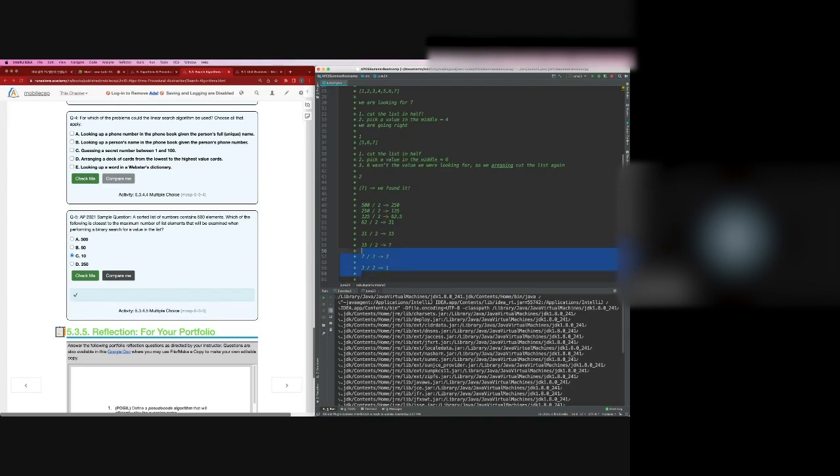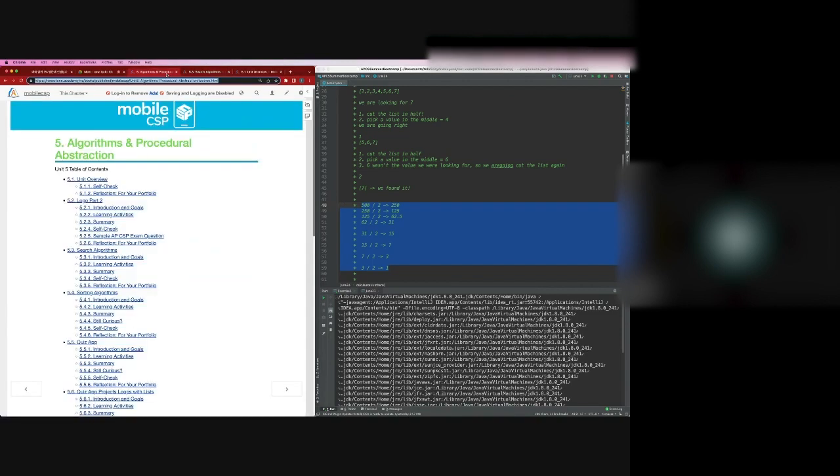So the closest to the maximum number of list elements that you look at will be approximately 10, right? Yes, this is how you would solve the question. Got it? All right, awesome.